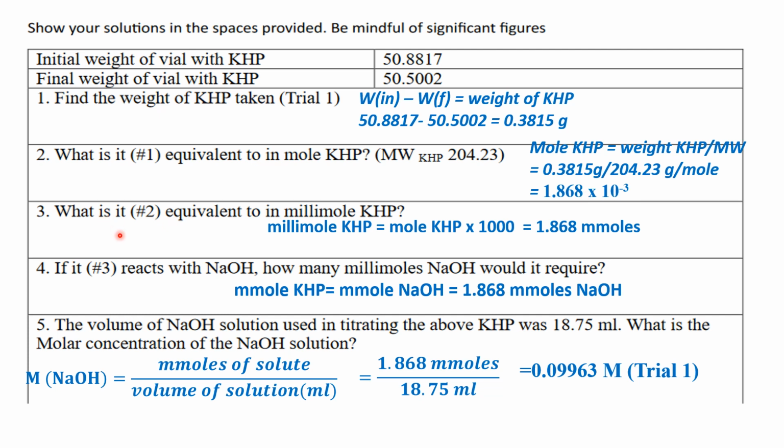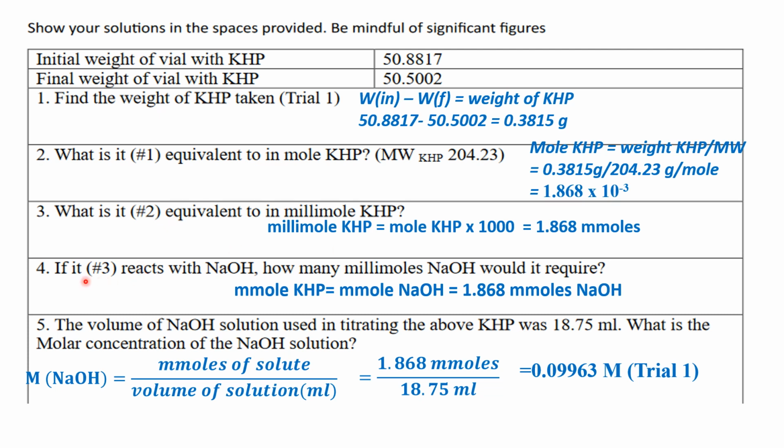Next question. What is it? So in number 2, equivalent to in millimoles of KHP. So paano ba? Kapag millimole, you simply multiply mole by 1,000 to give you millimoles, and this will become 1.868 millimoles of KHP.